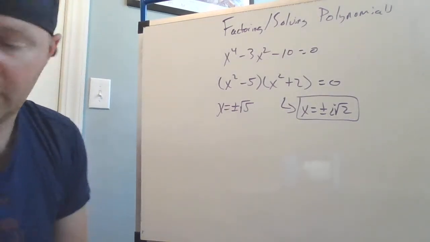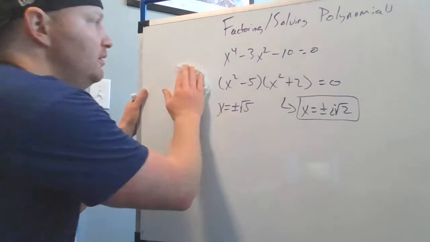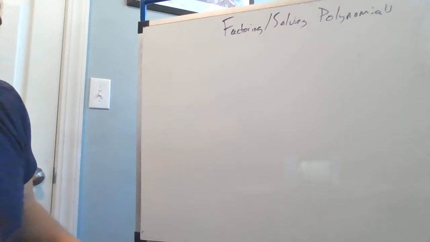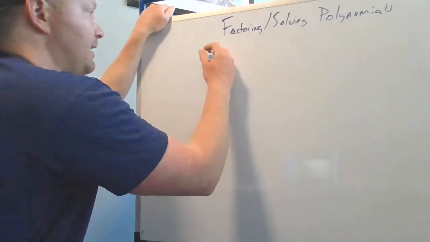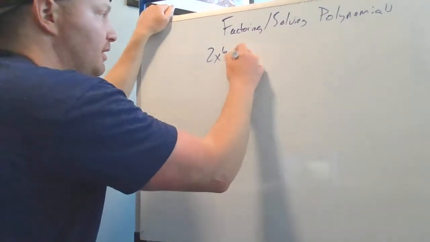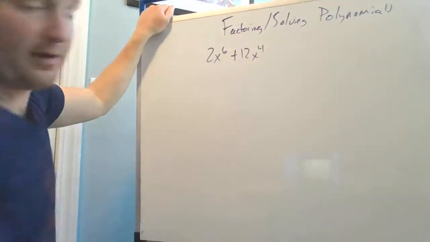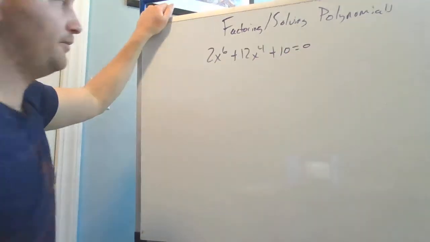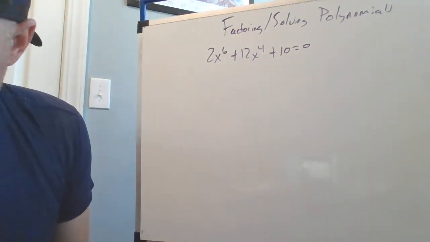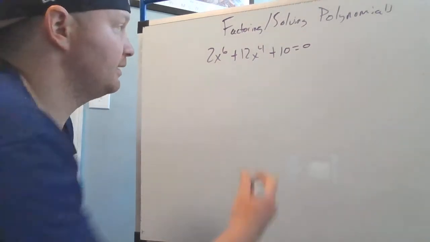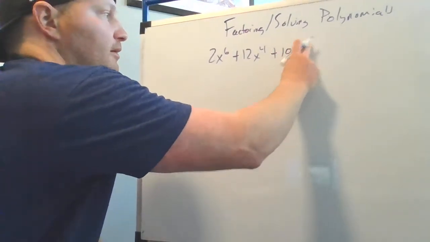All right, let's do another one. A little harder. Okay, so it goes this way. If I got 2x to the 6th power plus 12x to the 4th power plus 10, sorry, I forgot something there.